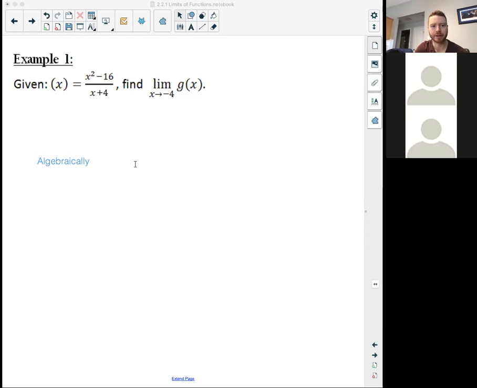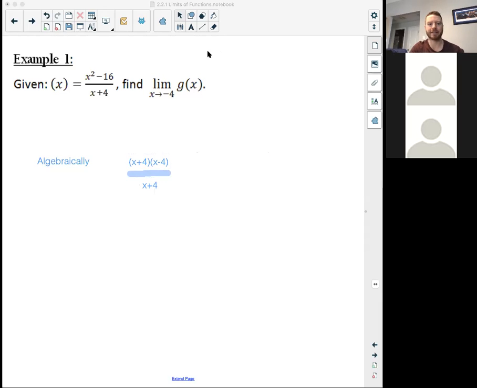So if we do that, I'm just going to write the simplified form up here. If we factor that, we can get x plus 4 and x minus 4, divided by x plus 4.